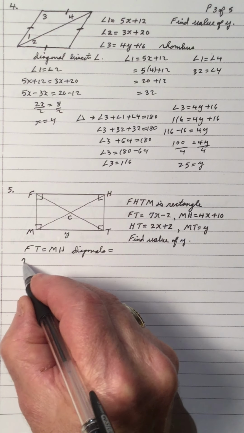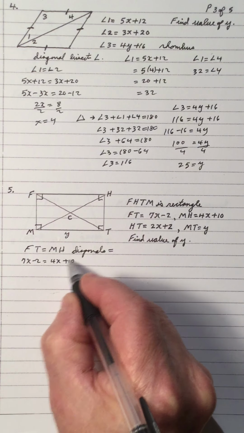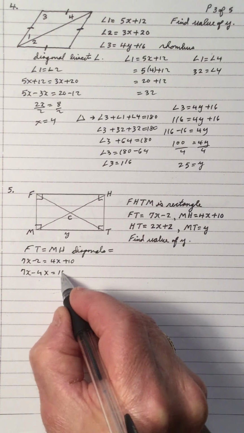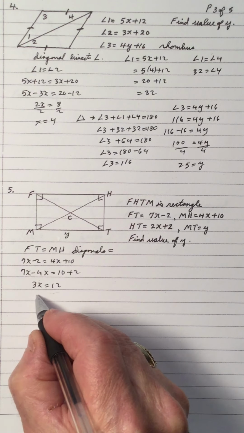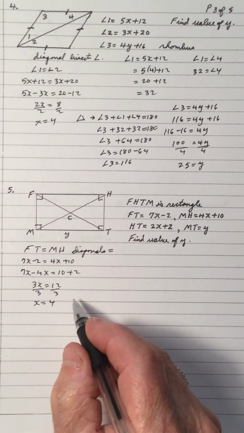That means that 7x minus 2 is equal to 4x plus 10. So 7x minus 4x is equal to 10 plus 2. 3x is equal to 12. Divide by 3. X is equal to 4.